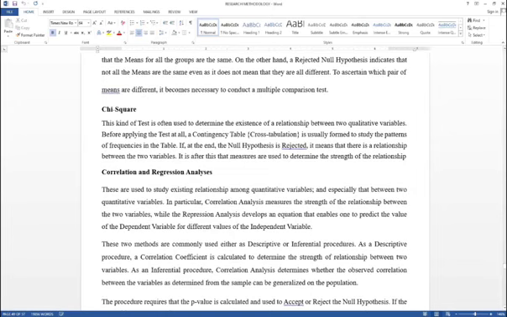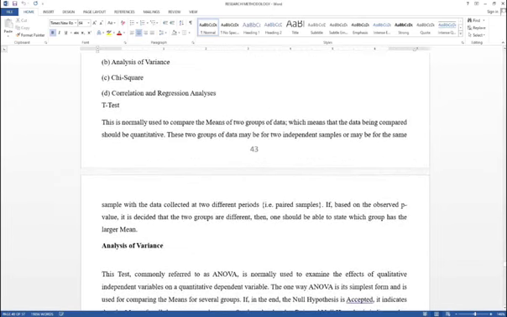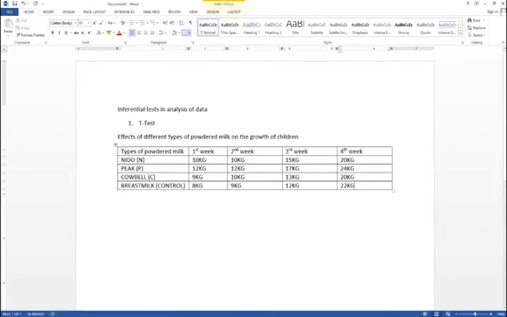Sorry, before we continue, let me take down those ones. We've done the t-test, analysis of variance and chi-square. The t-test, the second one is analysis of variance, and the third one is the chi-square.